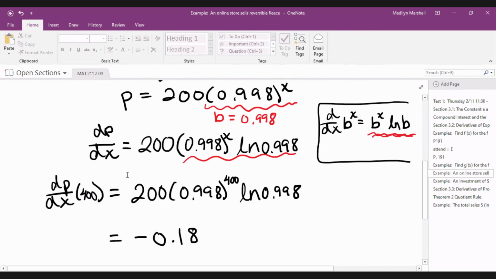But if we were able to find out when the derivative is positive, that would be where our price is increasing. So when the derivative is positive, we have an increase in price. Where the derivative is negative, we have a decrease in price. So we could technically take this derivative and set it greater than 0 and try to solve that.